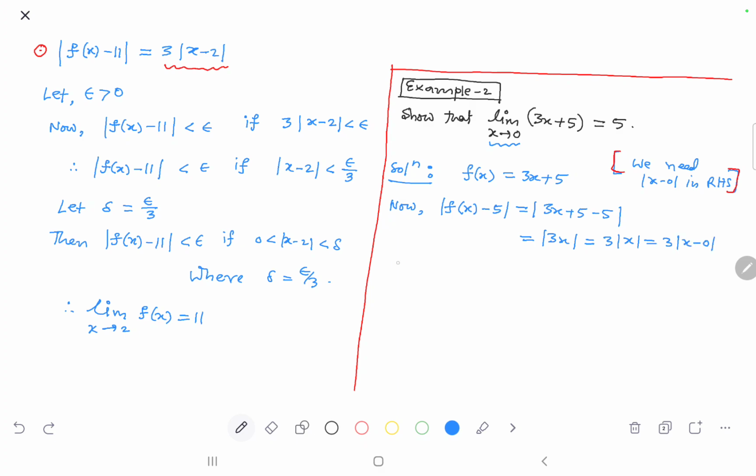So we get the absolute value of f(x) minus 5 equal to 3 times the absolute value of x minus 0.